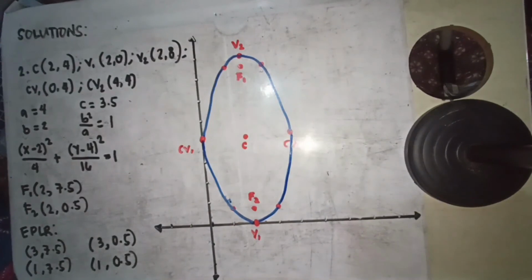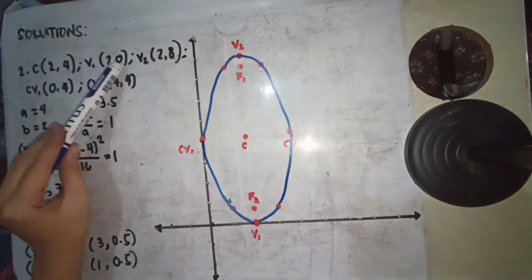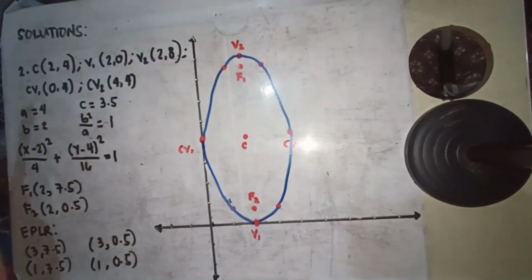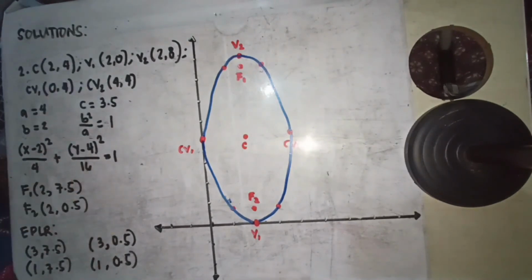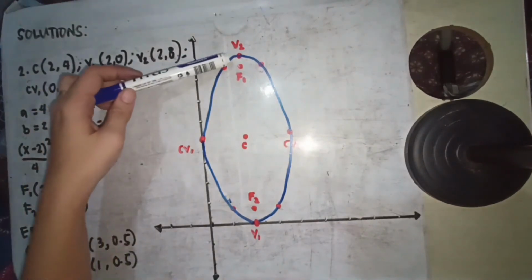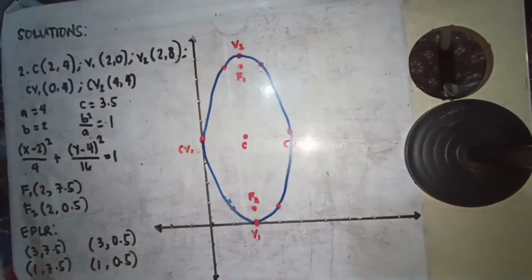Okay, so mao na ang graph sa ato ang ellipse which has the center at 2 and 4, vertices 2 and 0 and 2 and 8 and co-vertices 0 and 4 and 4 and 4. So ingana ang iyang dagway. So again, vertical siya. Okay, nagtindog siya. So, same sa atuang equation pod, vertical sad siya. So, that's it.